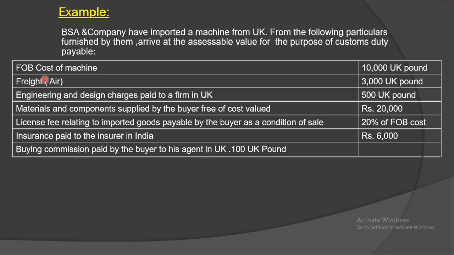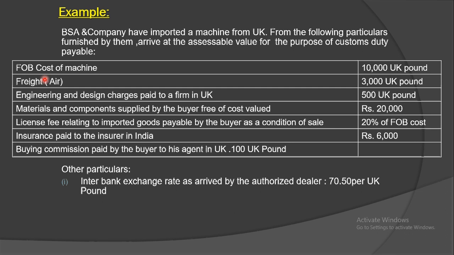Here are other particulars as well. The first one is the interbank exchange rate as quoted by the authorized dealer, 17 rupees 50 paisa per UK pound. Can we take this for our calculation of assessable value? No. The exchange rate should be as notified by the CBIC.